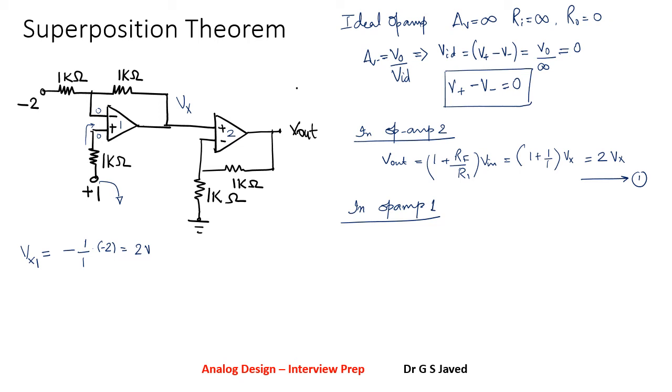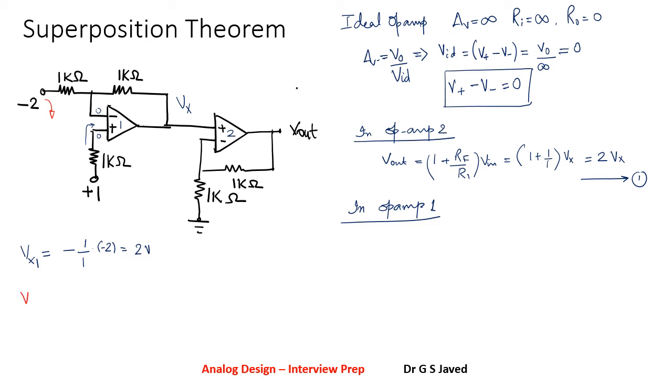Now, if we ground this node and keep the voltage supply active here, we will find that the input is connected to the non-inverting terminal.